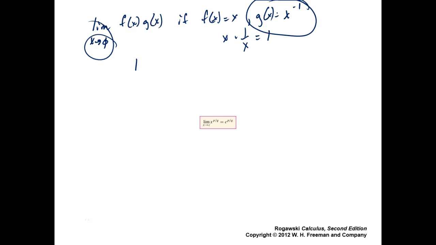The limit as x approaches 0 of x, yeah, that exists at 0. But the limit of g of x as x approaches 0 does not exist, because that's 1 over x, which is 1 over 0. You can't do that, ever, okay? So this thing is not defined, does not exist.